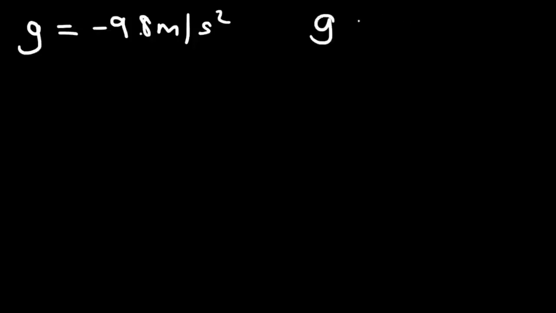So the gravitational acceleration of the moon, for example, is negative 1.6 meters per second squared. It's a lot less. For one reason, the moon has less mass than the Earth. And so you will weigh a lot less on the moon. You'll feel lighter on the moon, and so you can jump higher on the moon. But let's focus on the gravitational acceleration of the Earth, negative 9.8.